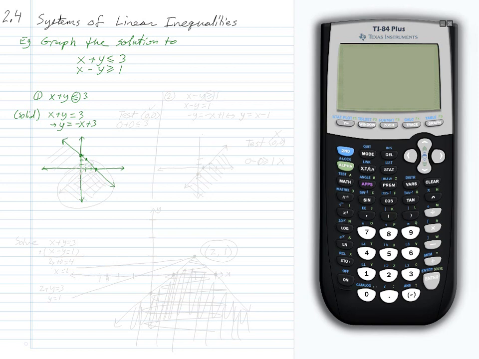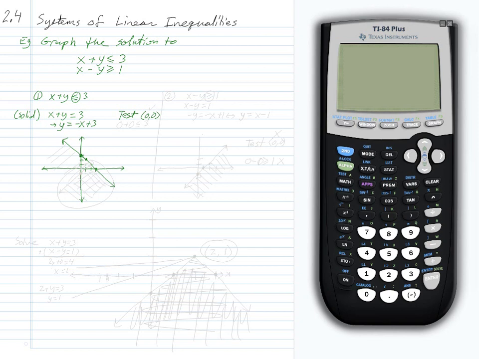Now our inequality is going to involve shading one side or the other of this line. We see that the line is part of the solution, but should we also shade above it or below it? Well, I will test the origin just to see.